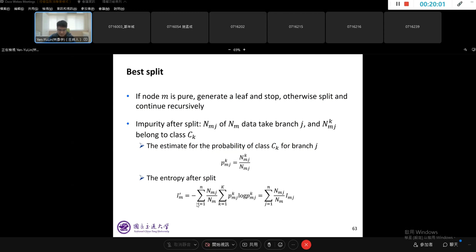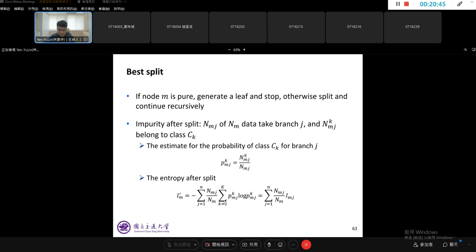So J is the index of branch, and there are a total of n branches for this node M. M_MJ over M_M is the fraction of data points that go to branch J. So in other words, this fractional number can be considered the importance or the weight of this branch J, according to the number of data points it has.